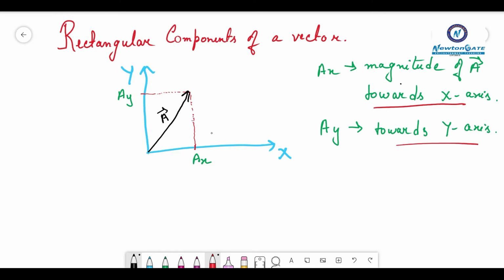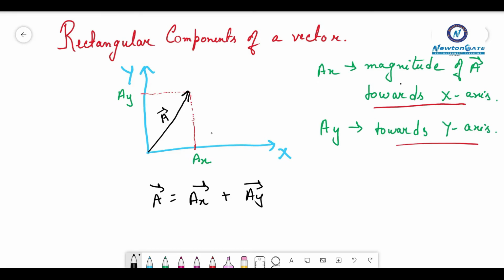One way of writing it is: A vector equals ax vector plus ay vector. When I write ax and ay as vectors, it gives both magnitude and direction together.